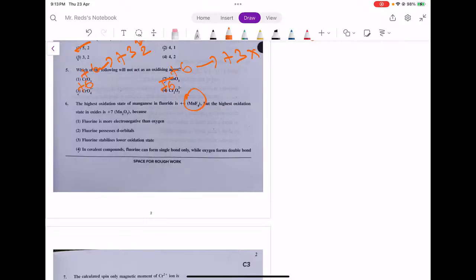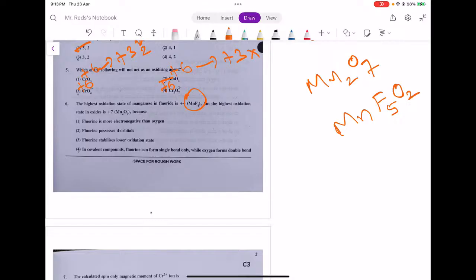But the highest oxidation state in oxide is plus 7, because manganese possesses its highest oxidation state in manganese heptoxide, Mn2O7, and in MnFO3.